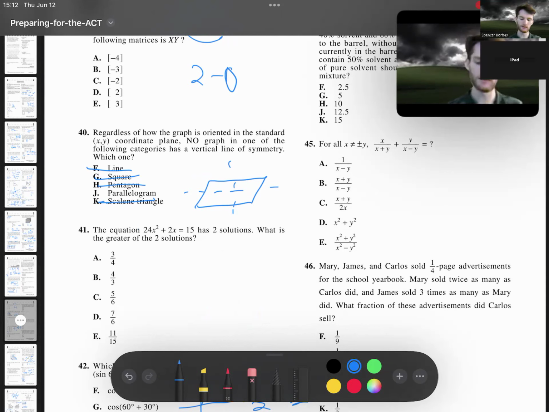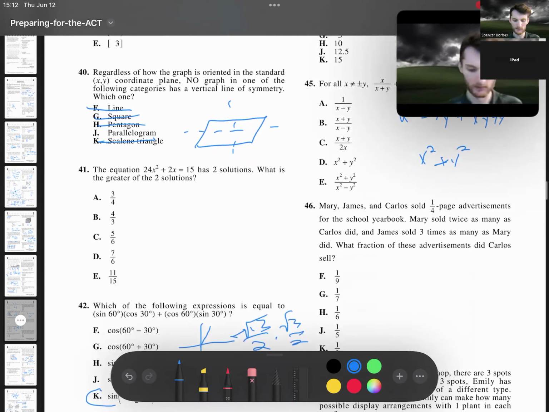Oh, denominator x squared minus xy plus y squared. So x squared minus y squared, x squared plus y squared. E. That I feel very confident in.